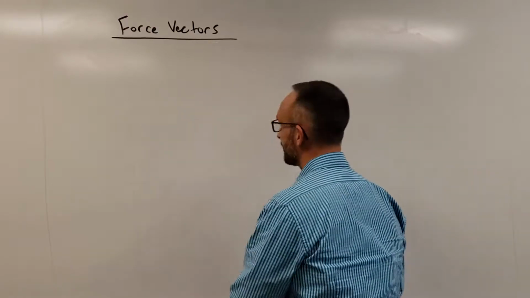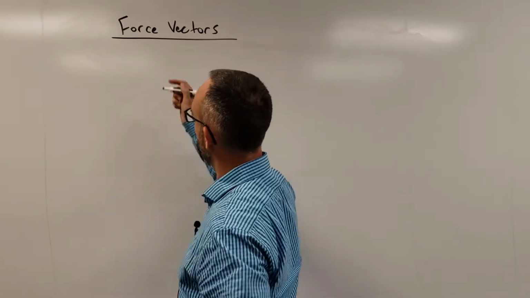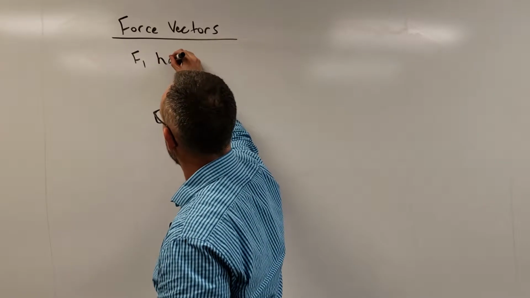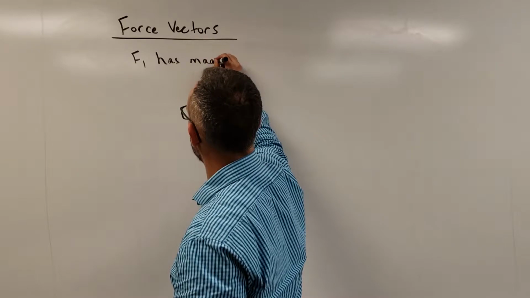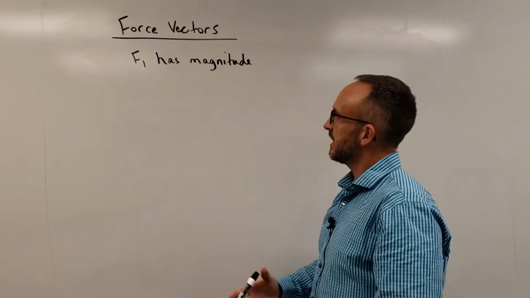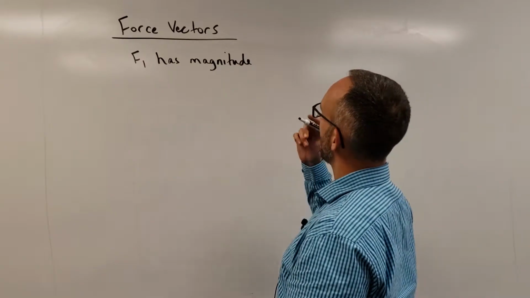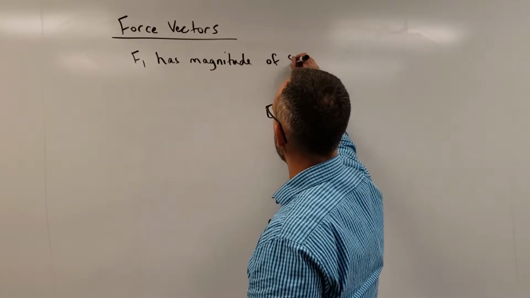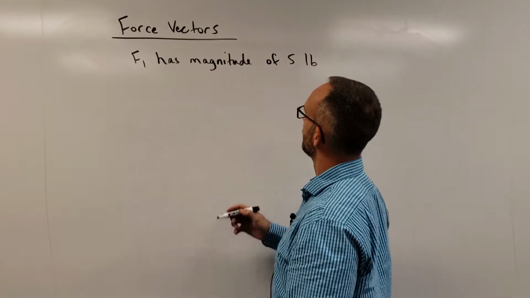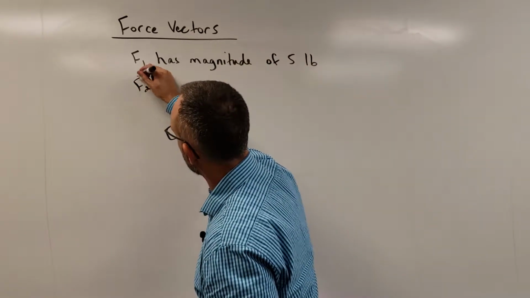Let's say that F1, force 1, has magnitude. Let's give it a particular force now. So let's say force 1 has a magnitude of 5 pounds, right? That's how much force is going to be applied for this vector. F sub 2, sorry, these are vectors.